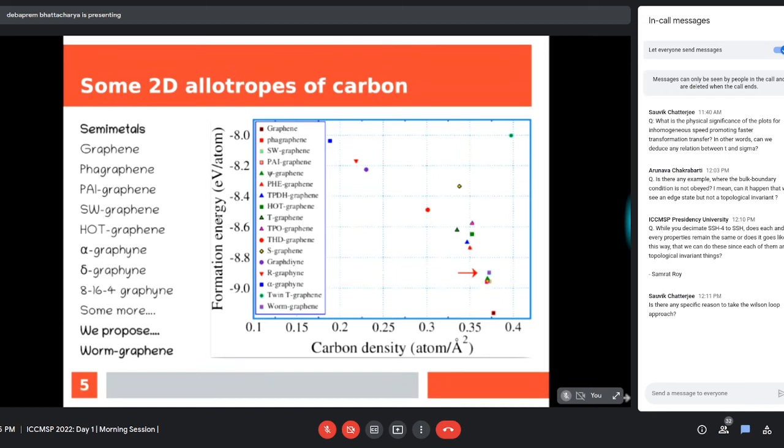And the pink spot, the color is not so visible, but the arrow pointing to that square mark is the structure proposed by us. We have named it warm graphene, and that particular structure is a very low energy structure, which has the possibility of being synthesized maybe in the near future.